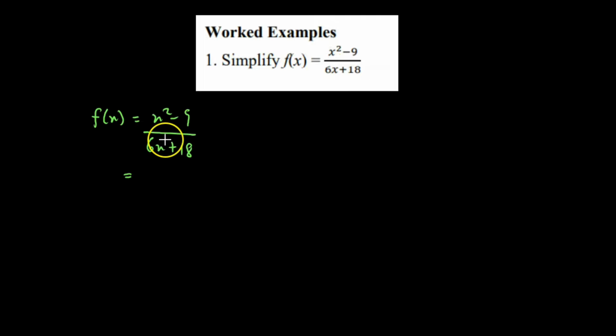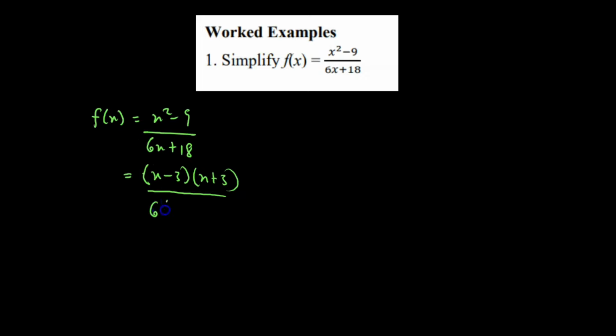So writing the numerator into a factor form, when I look at it, it is actually difference of 2 squares. So in difference of 2 squares, we have it as x minus 3 and then x plus 3.